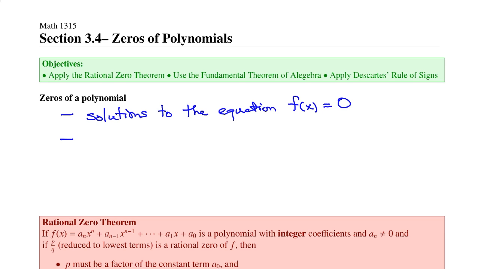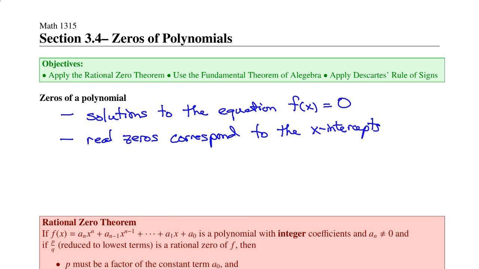Now, one thing to note is that the real zeros of this equation correspond to the x-intercepts on the graph of y equals f of x.